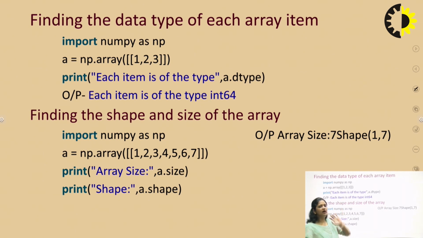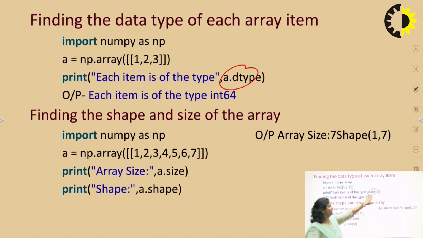So what will be the output of this program? 1, 2, 3 of which data type? Okay. When we run this program, the output will be each item is of the type int64, because 1, 2, 3 could be a data type of integer. So the output will be an integer. And what is the syntax for finding out the dtype of an array element? All the elements are going into a variable a, so a.dtype.